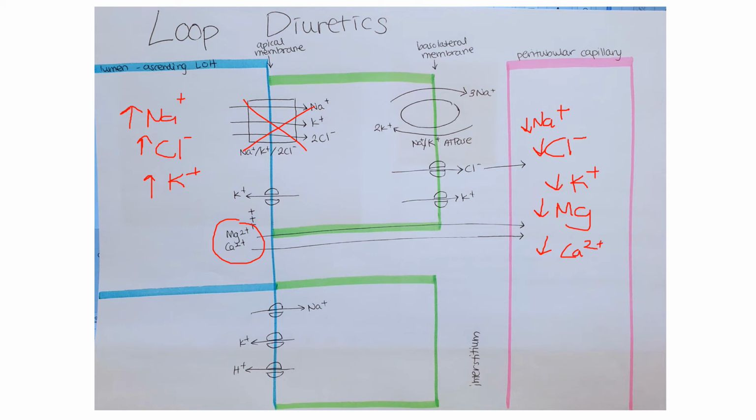Sorry, my handwriting is just atrocious today. I'm using my mouse to write, that's why. So anyway, that's what we get inside the peritubular capillary. We get a decrease in these ions, these electrolytes, and in the filtrate, we increase them, okay?